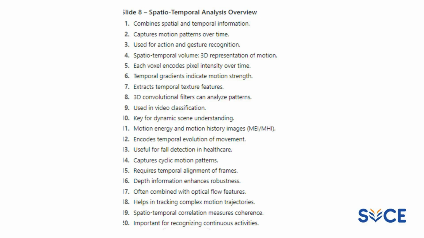So there are many techniques in spatio-temporal analysis. The first one is spatio-temporal filtering. It detects moving edges or motion patterns by combining the spatial and temporal gradients. 3D convolutions use 3D filters across both spatial and temporal dimensions to extract motion features. The next one is trajectory analysis.